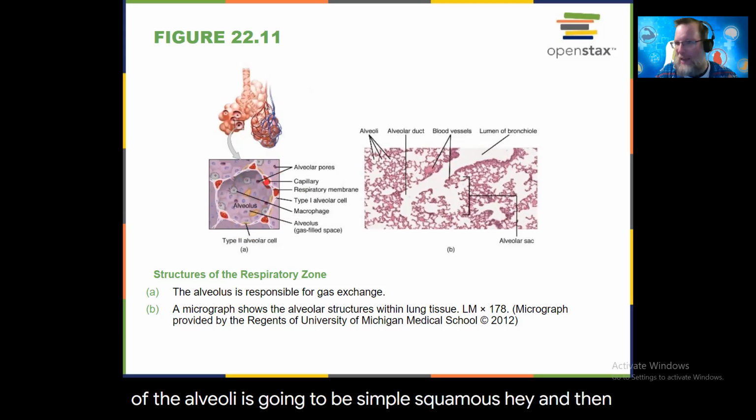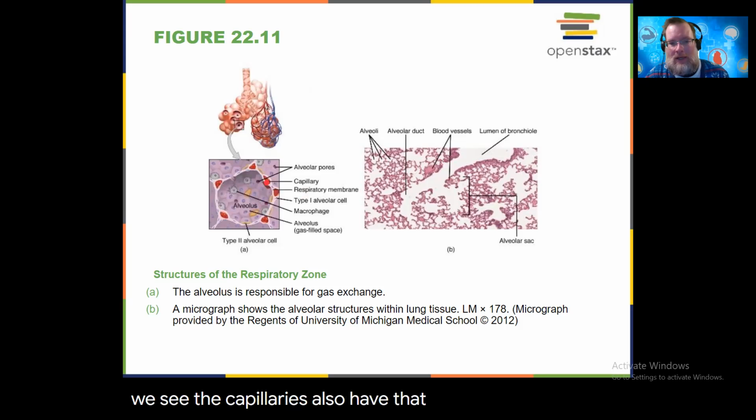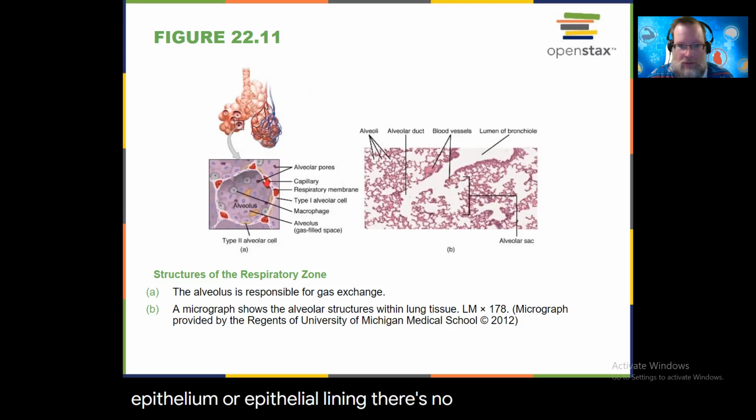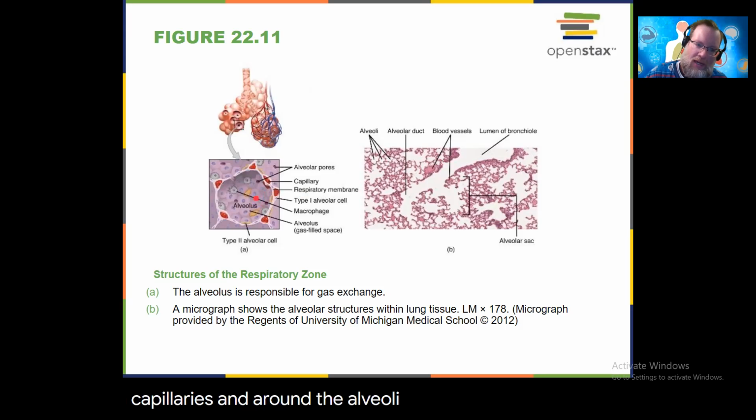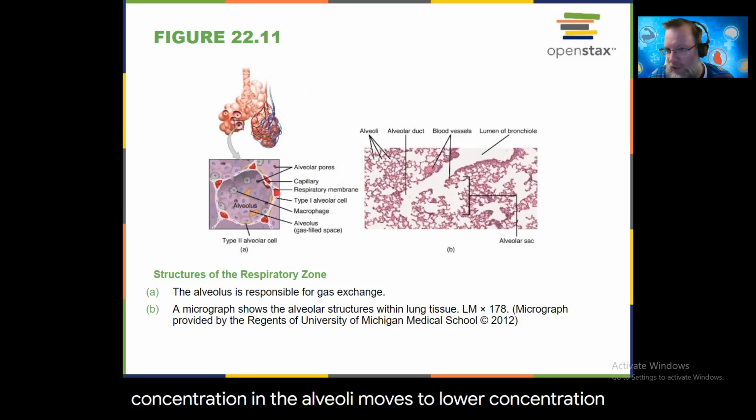Then we see the capillaries also have that very thin porous epithelial lining. There's no muscle involved with capillaries. So by the time the blood's in the capillaries and around the alveoli, the oxygen is just going to diffuse. Oxygen goes from high concentration in the alveoli, and moves to a lower concentration in the bloodstream.